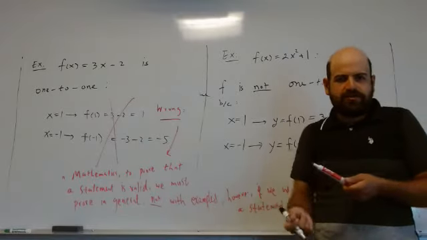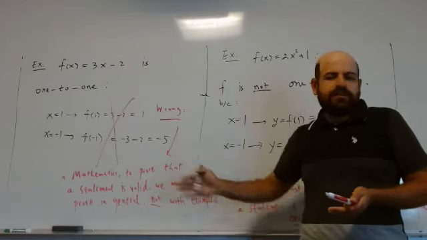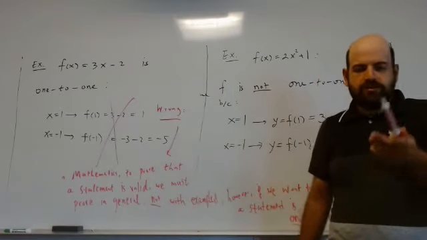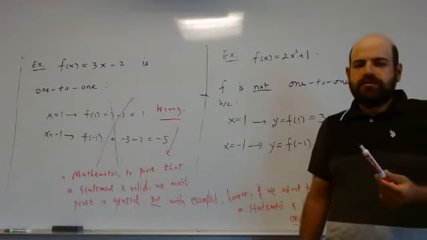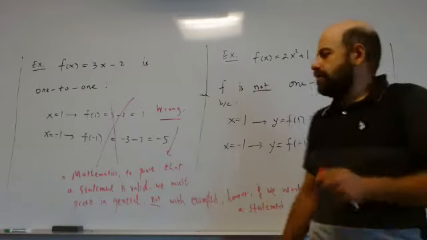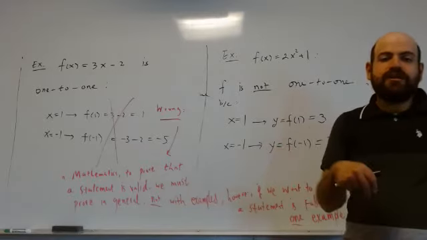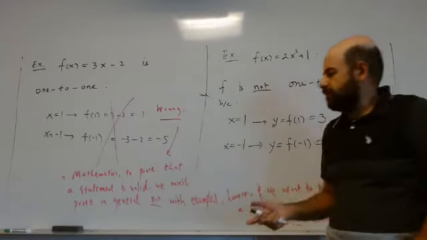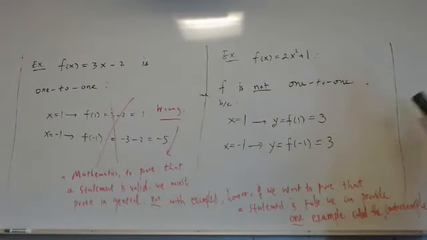So you use letters, let's say x, or in this case, we call a and b, or you can call them x and y. It doesn't matter. You can choose the letters yourself. But when you say proof in general, it normally is done with letters. And using letters, you also have to use the definitions. So what was the definition of a 1-to-1 function?